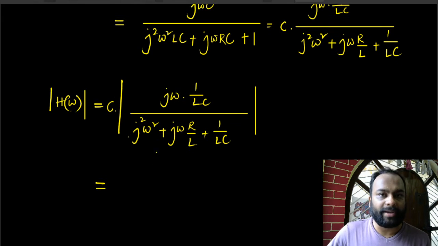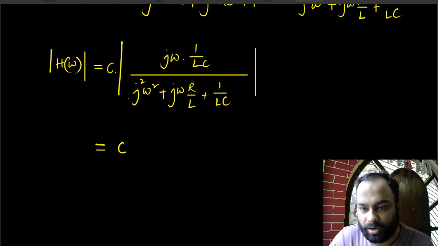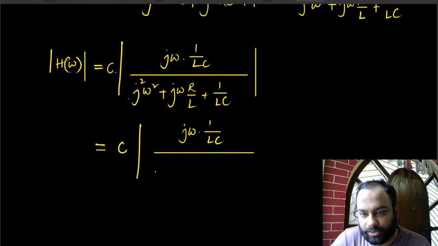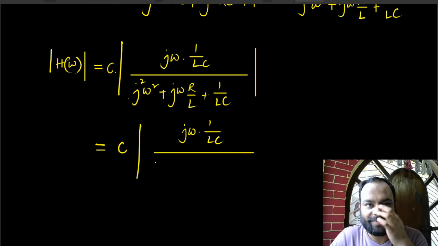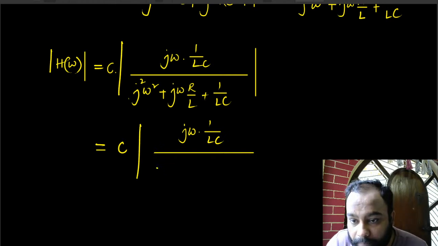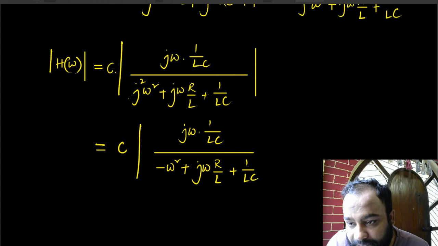As far as the amplitude response goes, I could write minus 1 here. So I would have j omega into 1 by LC, and instead of j square, I have minus 1. So I would have minus omega square plus j omega R by L plus 1 by LC.